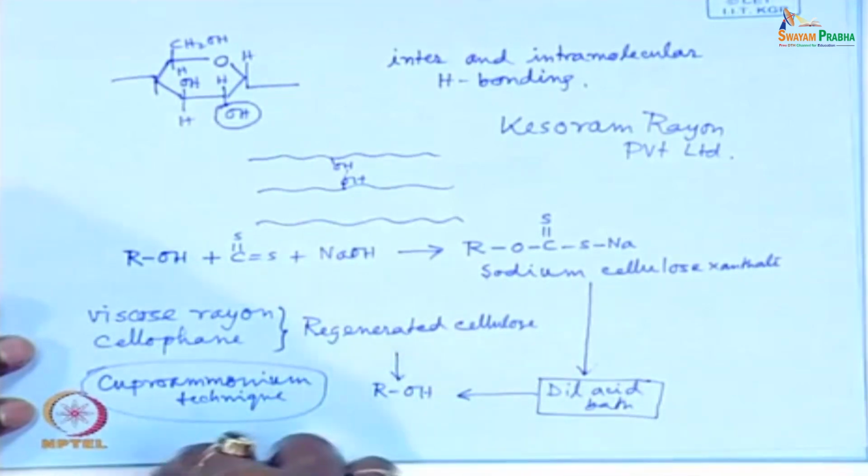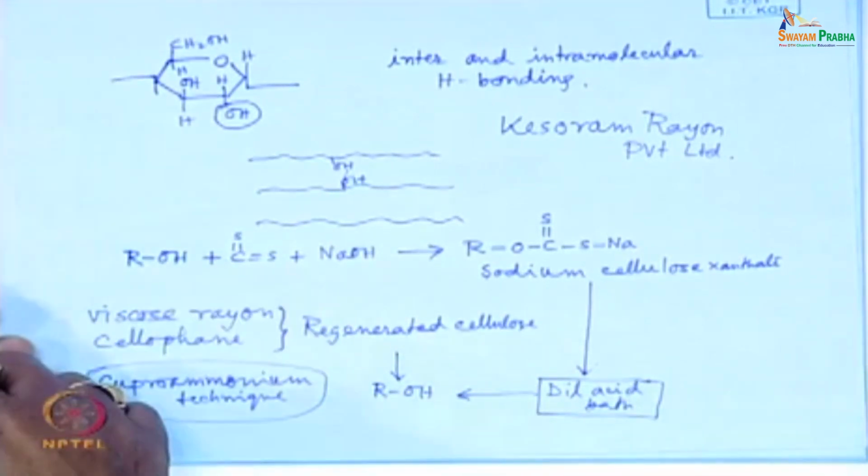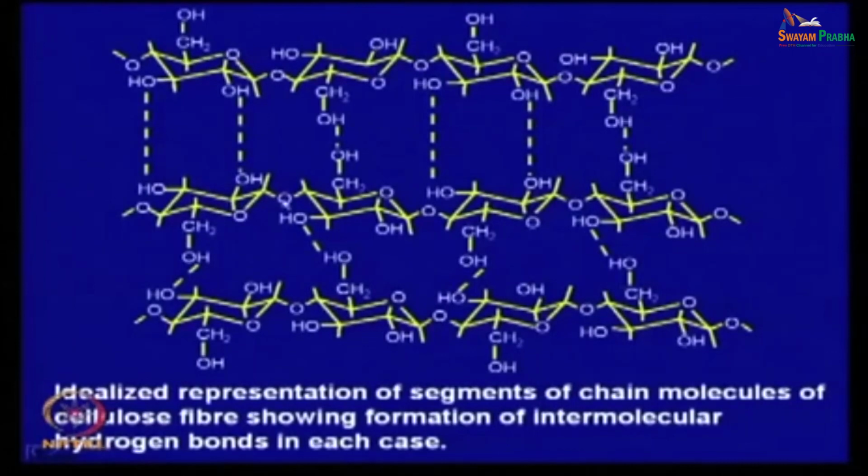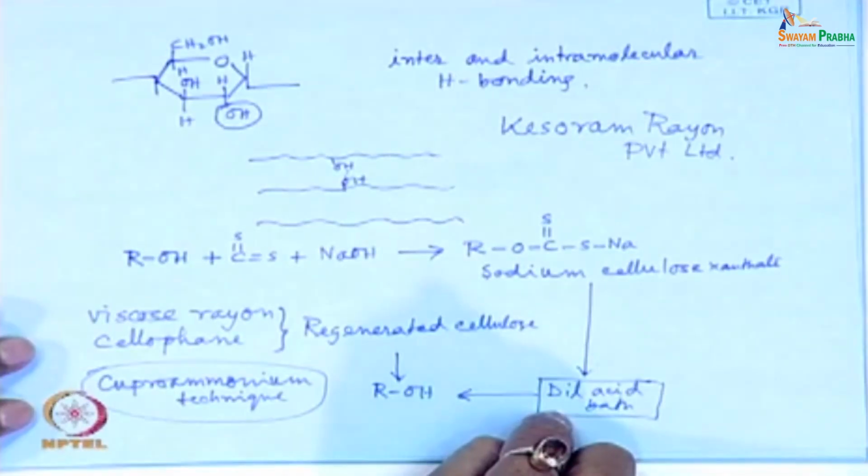It cannot reform the same number of hydrogen bonds as were present originally. By virtue of the large number of intermolecular hydrogen bonds present in this molecule, cellulose is a highly crystalline polymer. Now, its crystallinity is reduced by this viscose process, the mercerization process.